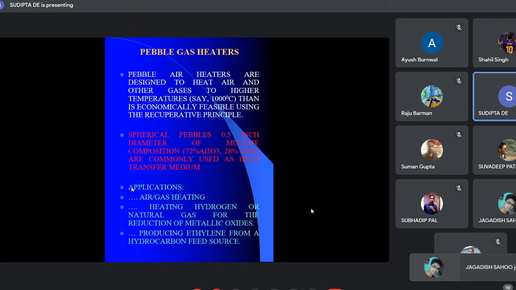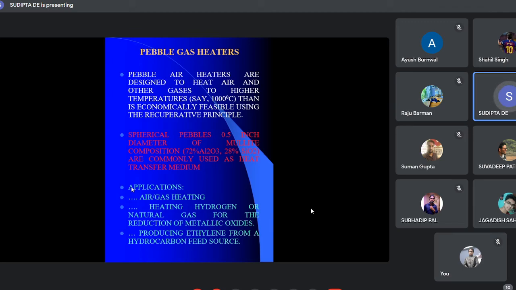Next, the pebble gas heaters. As I have mentioned, pebble air heaters are designed to heat air and other gases to higher temperatures, even up to 1000 degrees Celsius. So obviously, you can understand to what extent this pebble heat capacity has to be there.